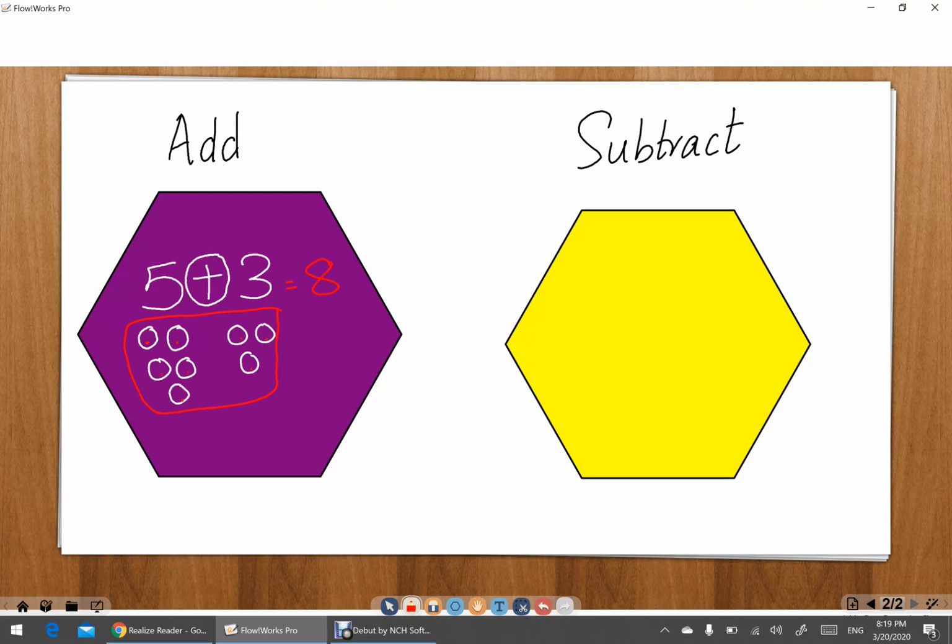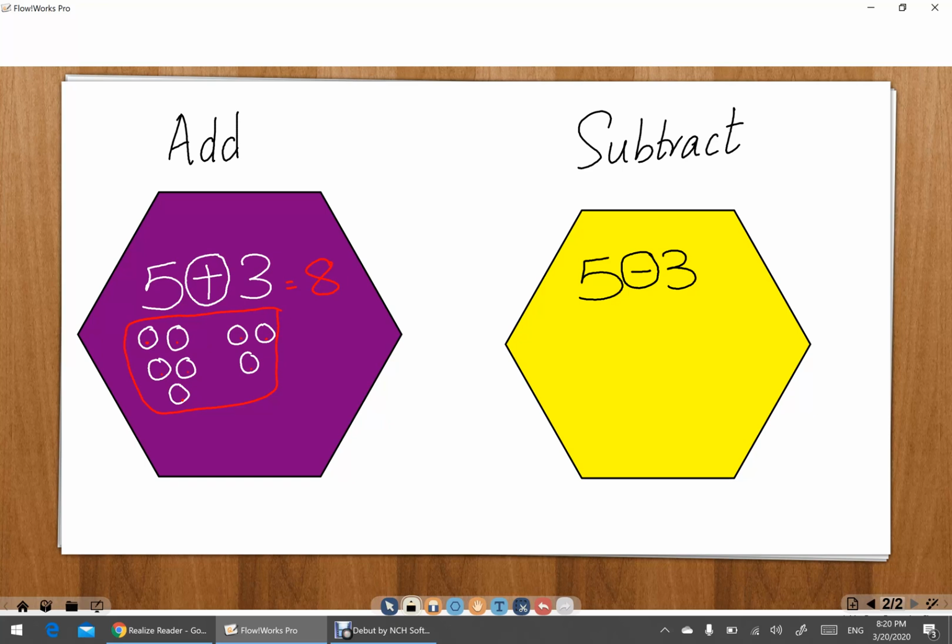Now, when we subtract, let me take the same example. 5 minus 3. Now here, when you see minus, it means take away. So whenever you read any equation, like 5 minus 3, just read 5 take away 3. So from 5, you have to remove or you have to take away 3.